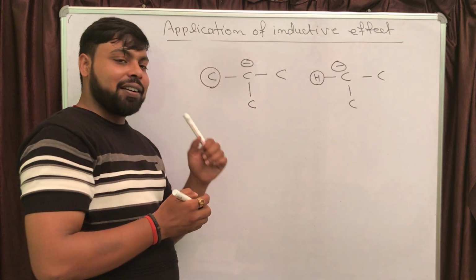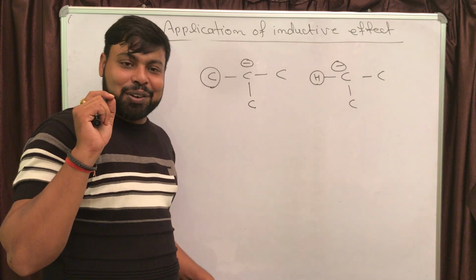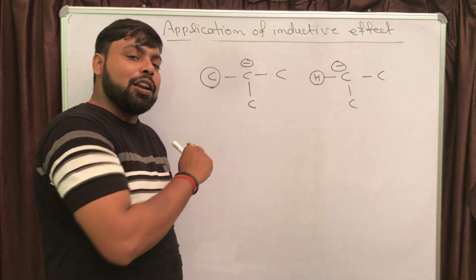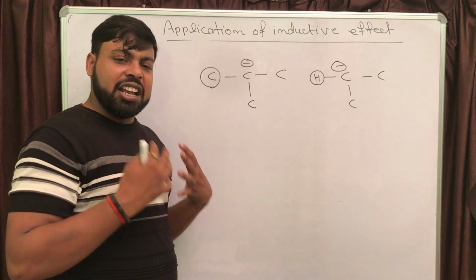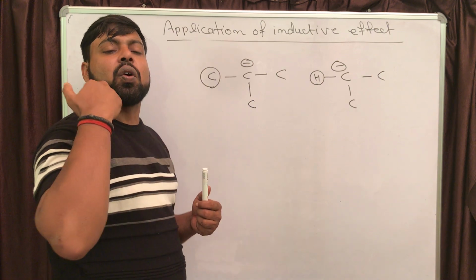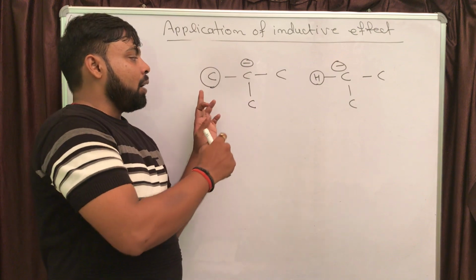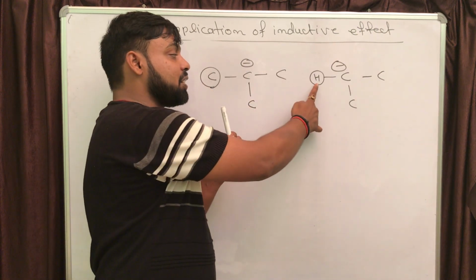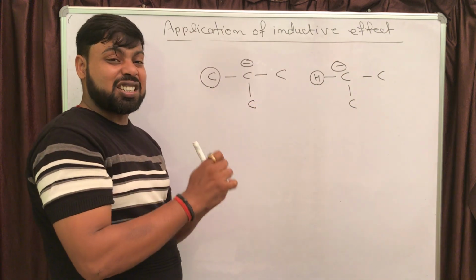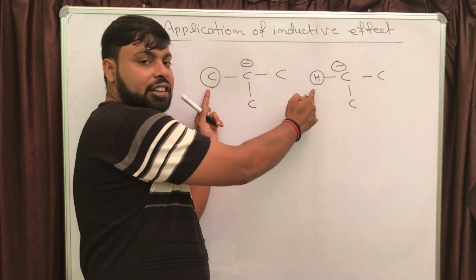And we know that earlier I concluded the alkyl group or carbon containing group, the nature of alkyl group is electron donating. I am saying this statement with respect to hydrogen. I am just comparing the point of difference.